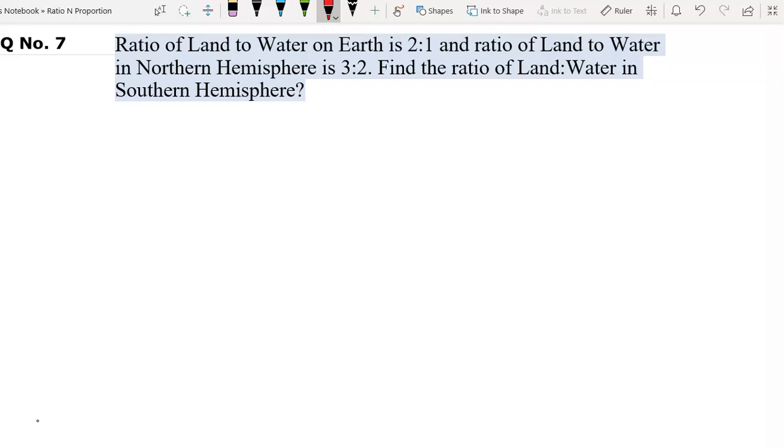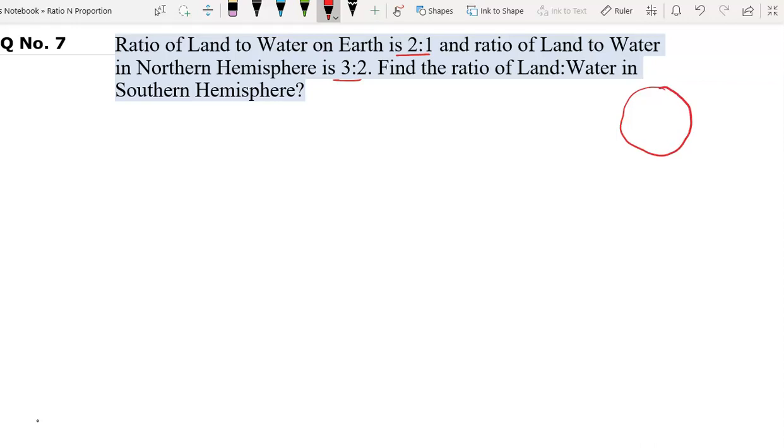Question number 7. Ratio of land to water on earth is 2:1 and ratio of land to water in northern hemisphere is 3:2. Find the ratio of land to water in southern hemisphere. Now in this question we have earth.